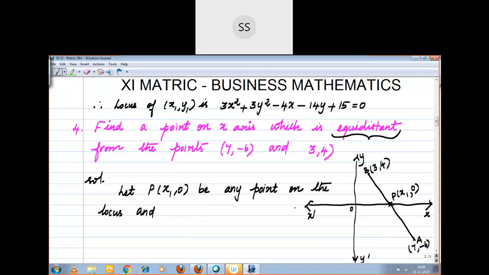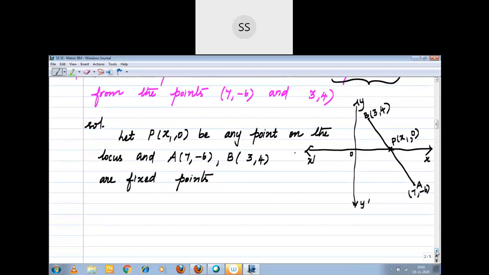Right? Solution: let P of x1, 0 be any point on the locus and the points A of 7, -6, B of 3, 4 are fixed points.